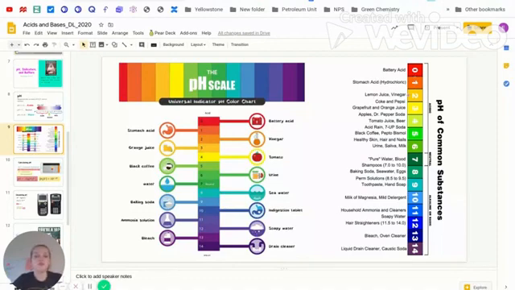Lemon juice and vinegar are around a 2. Towards the basic side, we have liquid drain cleaner at a 14, bleach, oven cleaner, and soapy water is more basic. And pure water is going to be a 7.